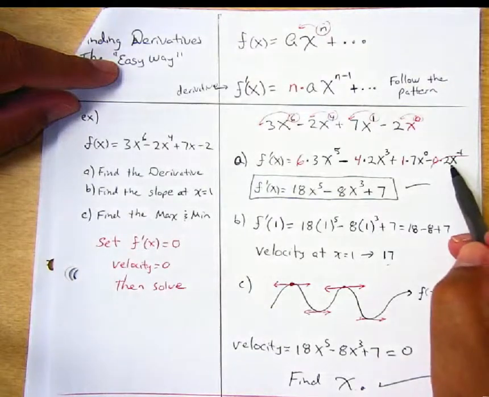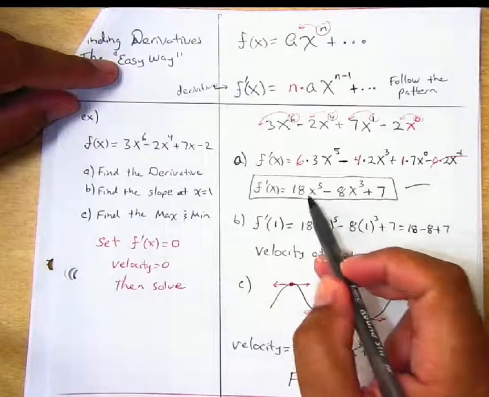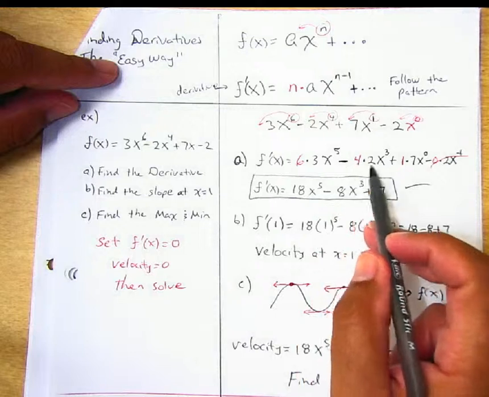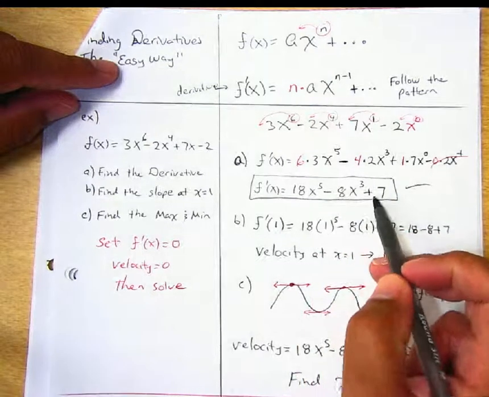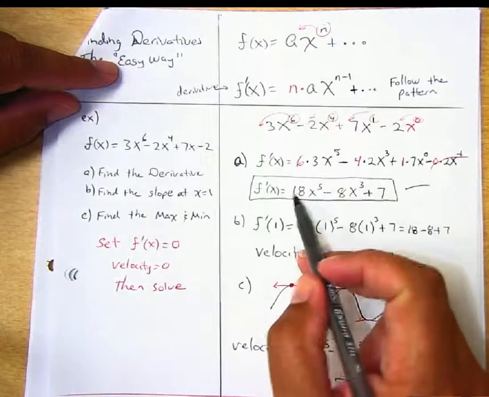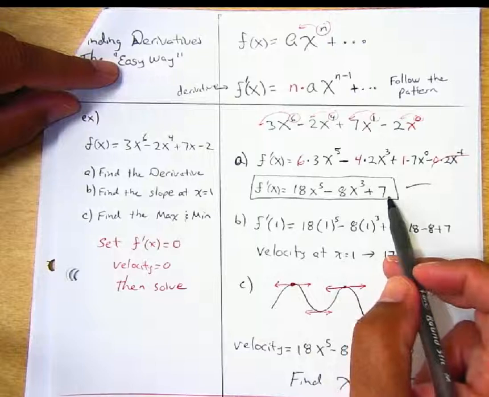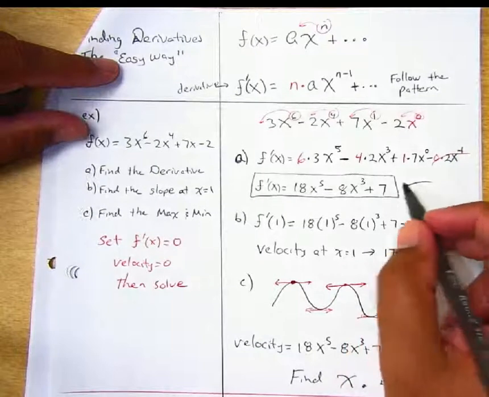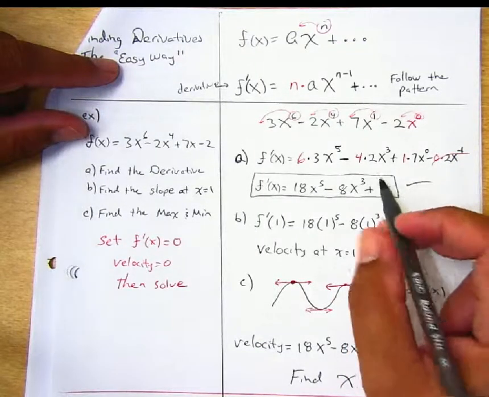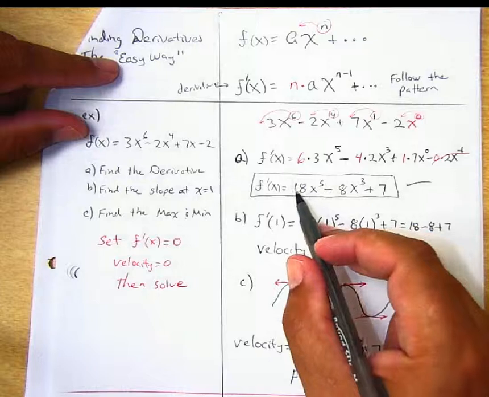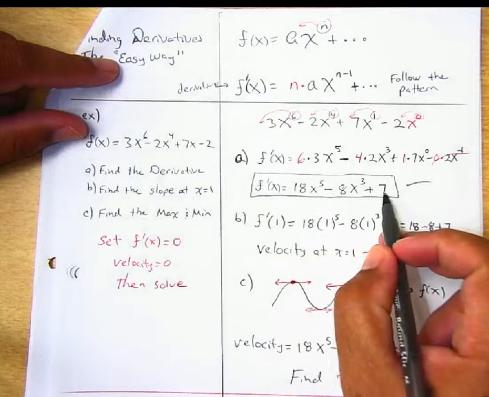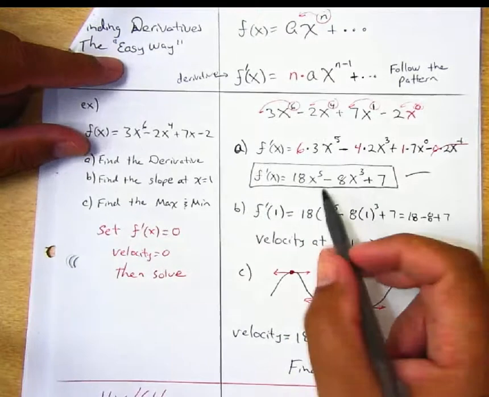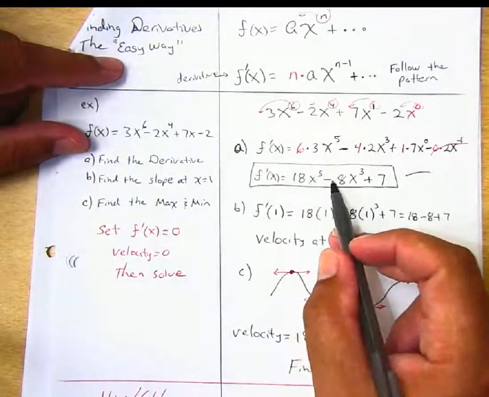So, okay, let me simplify this. 18x to the 5th minus 4 times 2, 8x cubed, plus the 7. And so this is the derivative formula. In other words, it's also known as the slope formula.